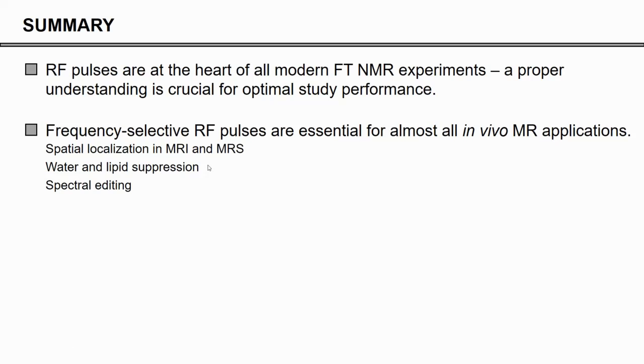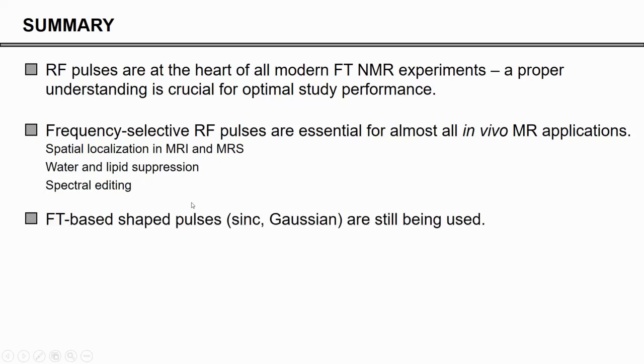Its uses are limited in in vivo NMR, because most of the time you want to select a spatial volume, either a slice or a volume, and therefore you need frequency-selective RF pulses. Also, when you do water and lipid suppression, you need frequency-selective RF pulses that only affect the water or the lipids. And finally, for spectral editing, you also require these pulses.